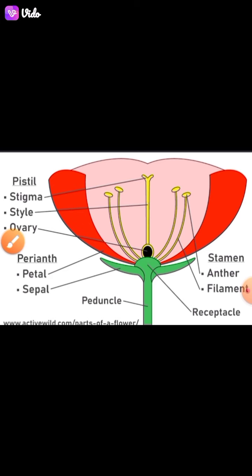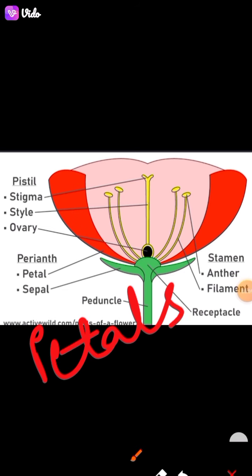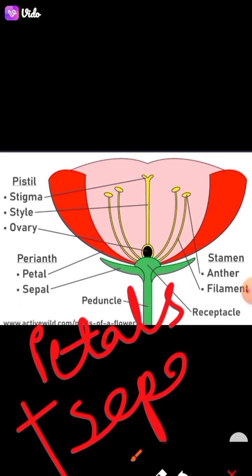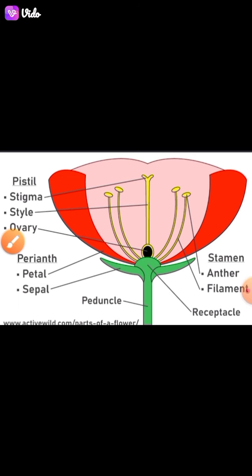Petals are the colorful part that attract the insects for pollination. So petals plus sepals are called perianth. The combination of sepals and petals is known as perianth, as you can see here.